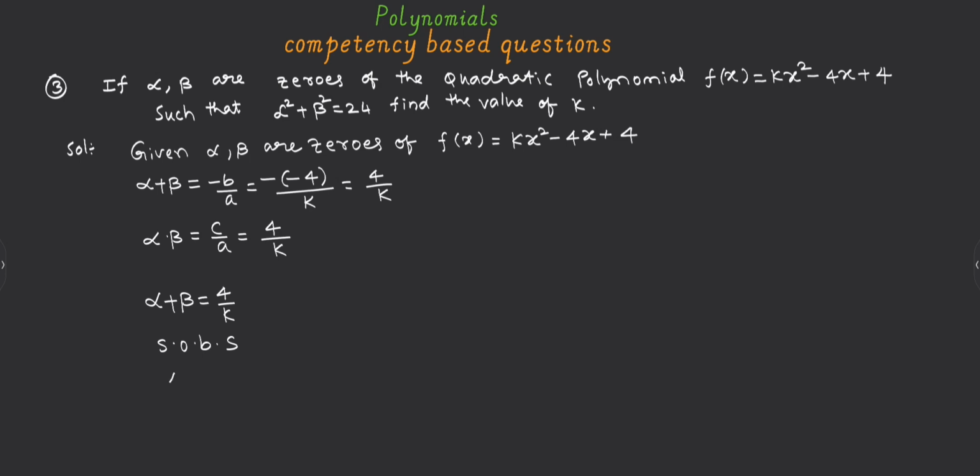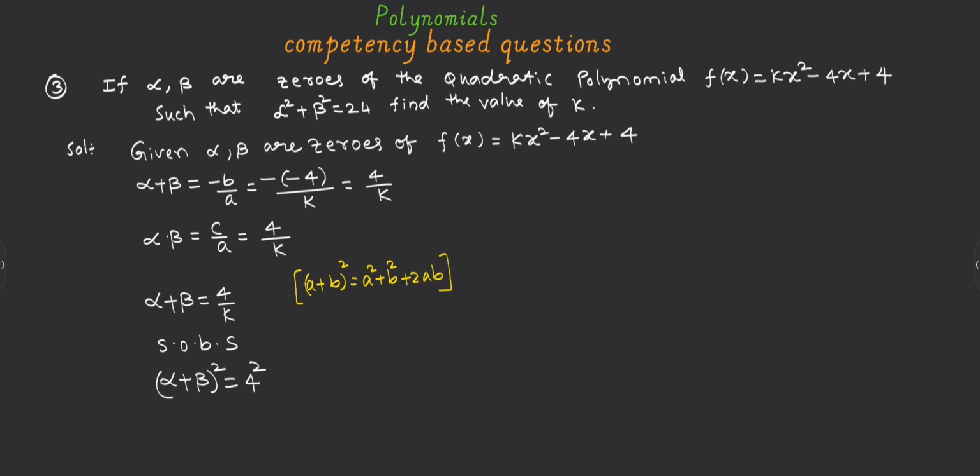Then we get alpha plus beta whole square is equal to 4 square. Now this alpha plus beta whole square should be expanded by using the a plus b whole square formula. What is the a plus b whole square formula? a plus b whole square is equal to a square plus b square plus 2ab.